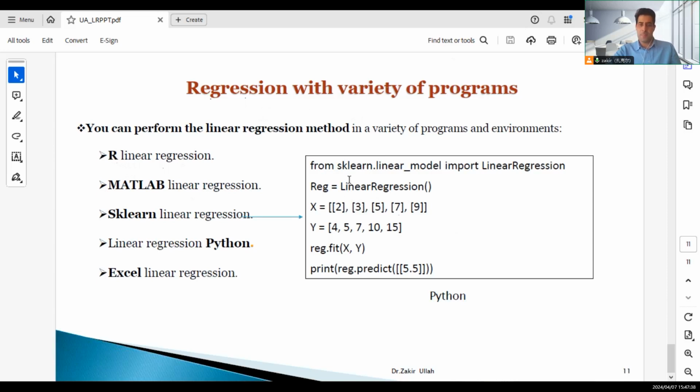This is an example of implementing linear regression using sklearn and Python for the data set that was shown in the previous table, where x is the number of sunshine hours on a particular day, while y is the ice cream sold on those days. So this is the Python code using the sklearn library to implement the linear regression model.